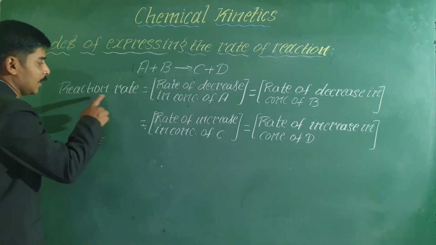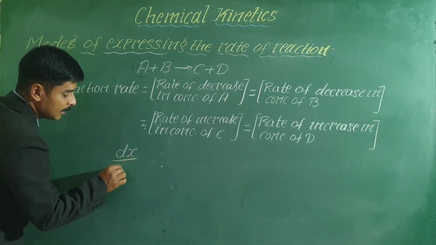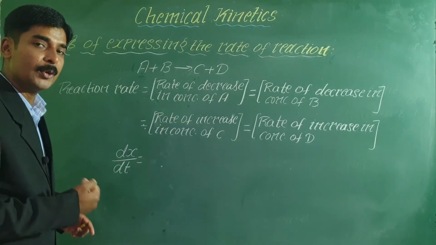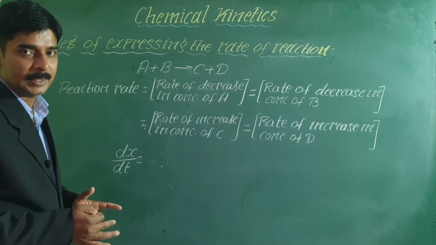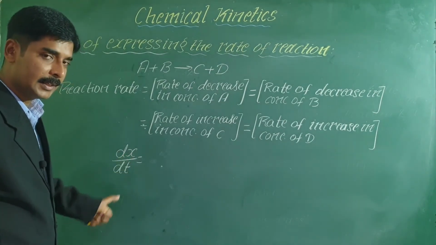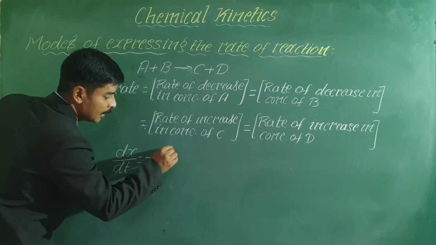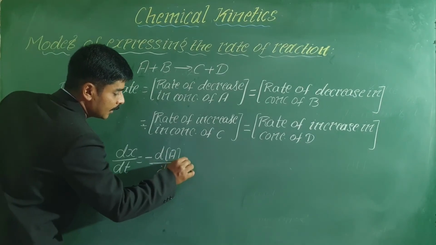That is, with respect to A, how can you express the rate? Instantaneous rate. I have told you again and again, we will not be using the term instantaneous rate. When we say rate of a reaction, it is the instantaneous rate, and you will represent it as dx by dt. So with respect to A, you will write it as minus dA by dt.